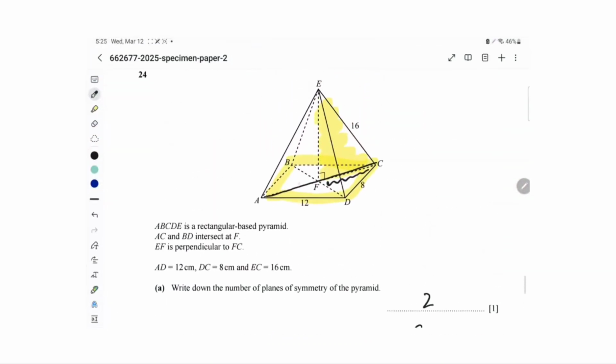FC is 7.21 and EC is 16. We need to find EF in the question.